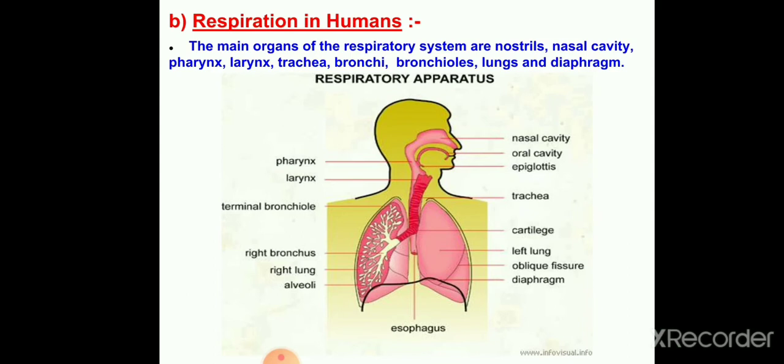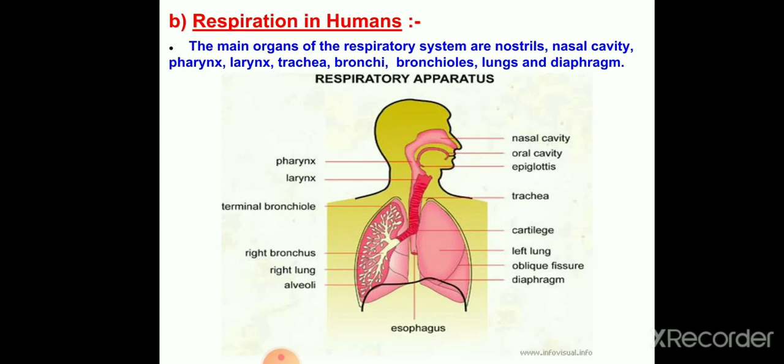Now we will discuss respiration in human beings. The main organs of the respiratory system are the nostrils, nasal cavity, pharynx, larynx, trachea, bronchi, bronchioles, lungs, and diaphragm. See the diagram of the respiratory system and the positions of these organs.